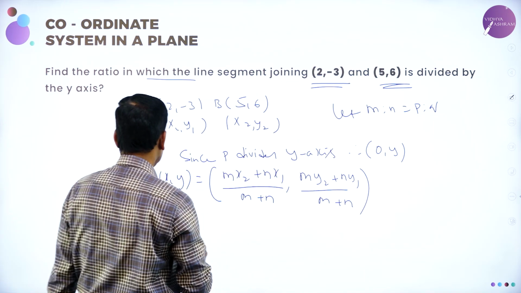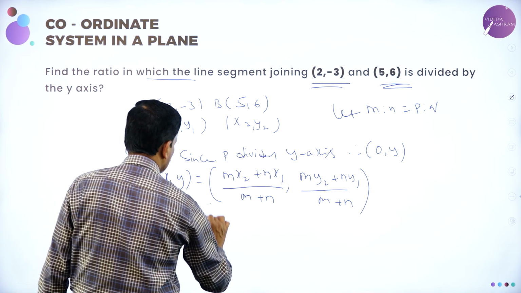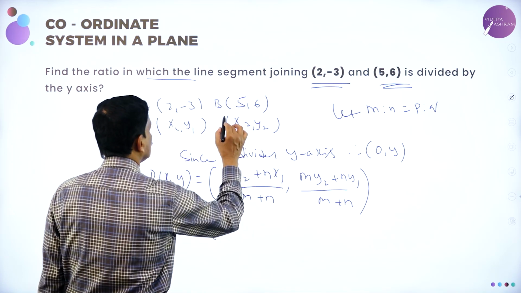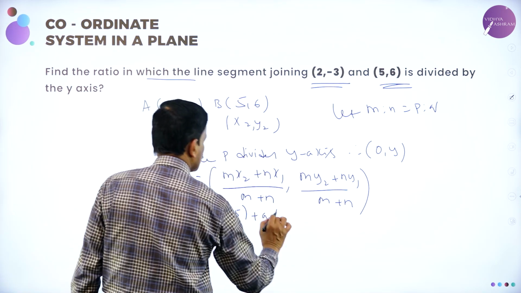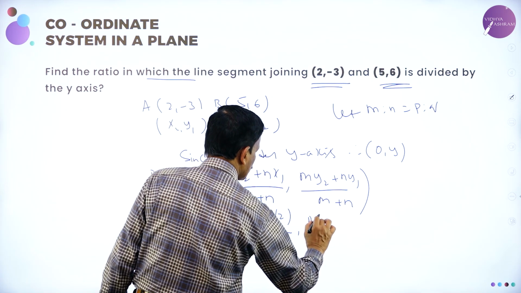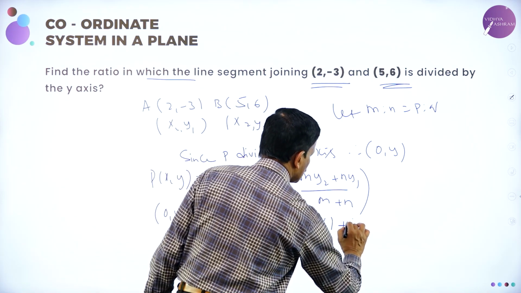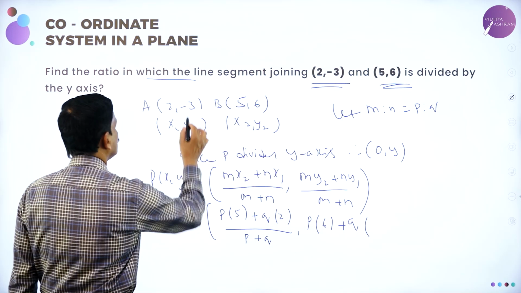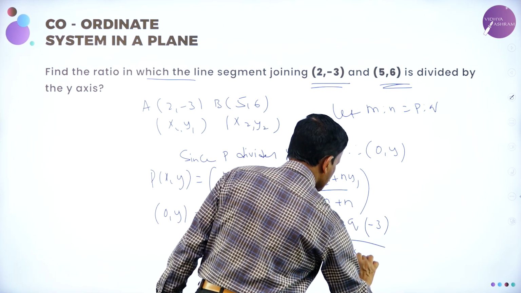Now here, 0 comma y is equal to, m is p into x2, 5, plus n is q into x1, 2, divided by p plus q, comma m is p into y2, 6, plus n is q into y1. What is y1? Minus 3, divided by p plus q.